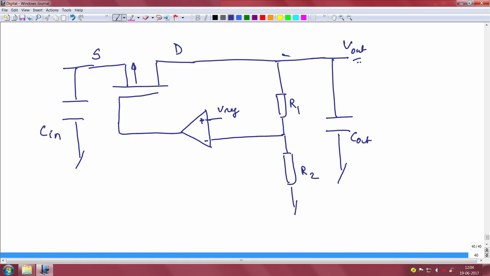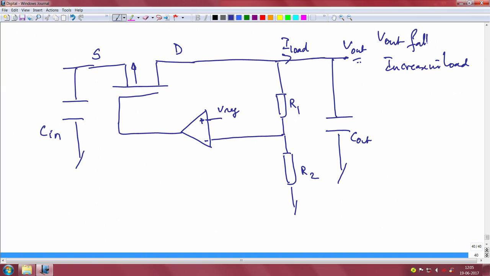So if I load, now if I load, let us say the output drops. So the output drops for some reason. The reason why V out might drop could be because of two possibilities, from a broad perspective. One is an increase in load current, so V out falls.